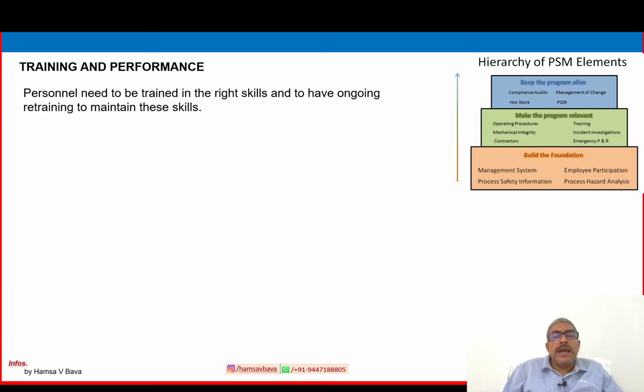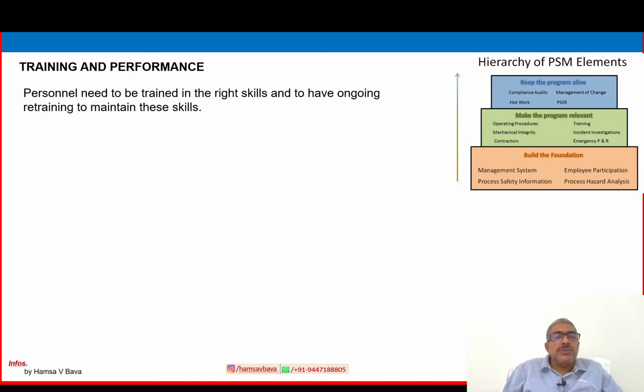Let us see the important parameters of training and performance. Personnel need to be trained in the right skills and to have ongoing retraining to maintain these skills, like safety induction course, H2S induction course, permit to work system, also regular desert driving, etc. Many other trainings are there, with refreshing every 6 months or every year.